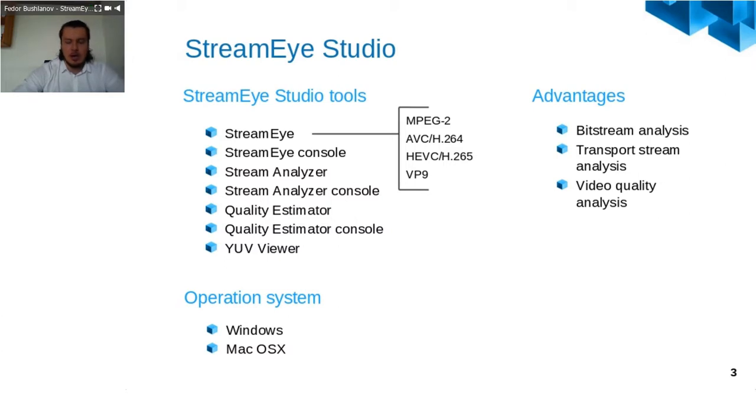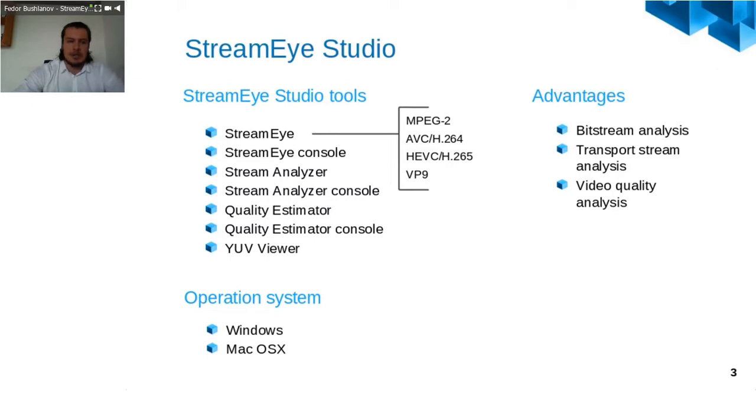But typically, we would like to understand what's going on at both levels, on the media container level and on the video elementary level. So media container level, either that is transport stream or MP4. Both of those media containers can be analyzed and their structure checked with the StreamEye Studio tool called Stream Analyzer. Stream Analyzer also supports console mode for automated analysis of large media assets.